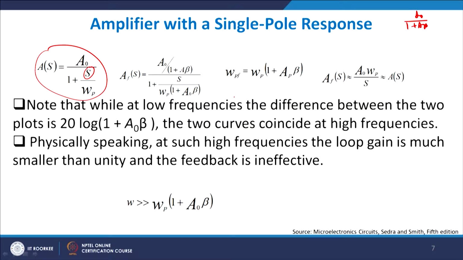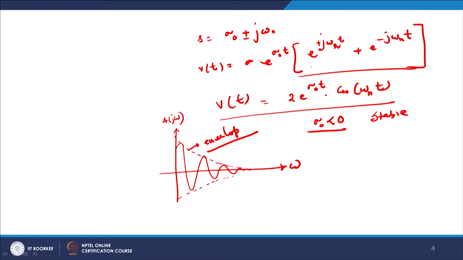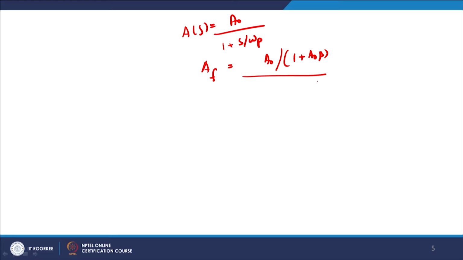So, what I get from here is that with gain, the feedback factor increases. So, I get A(s) equals A0 divided by 1 plus s by omega p, right, and therefore I get A with feedback equals A0 divided by 1 plus A0 times beta, divided by 1 plus s divided by omega p times 1 plus A0 times beta.